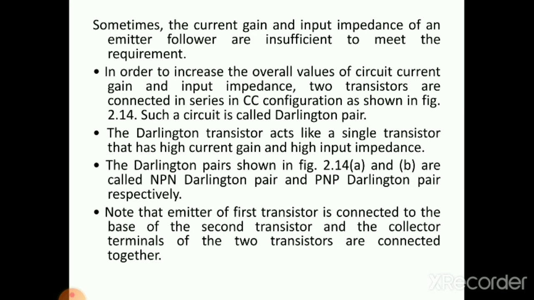Sometimes the current gain and input impedance of an emitter follower are insufficient to meet the requirement. Emitter follower is nothing but a common collector, CC configuration. In order to increase the overall values of circuit current gain and input impedance, two transistors are connected in series in CC configuration.